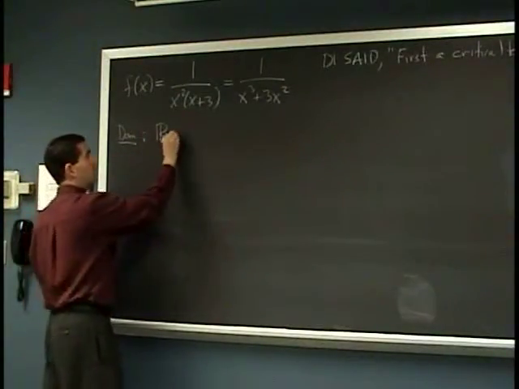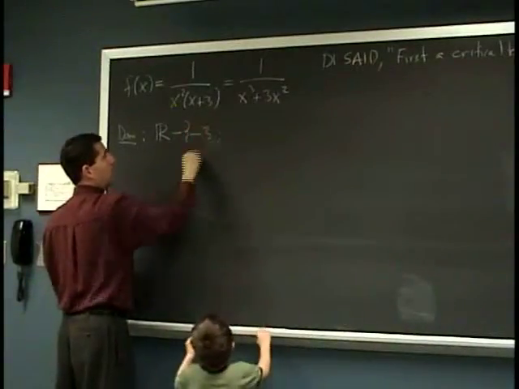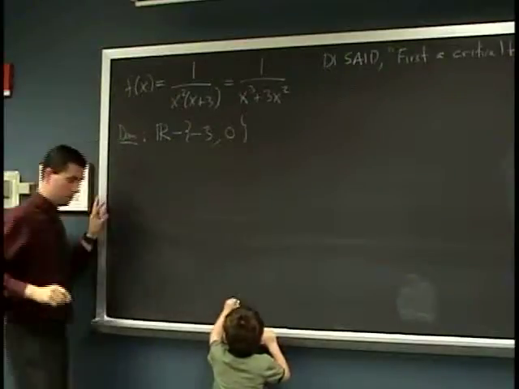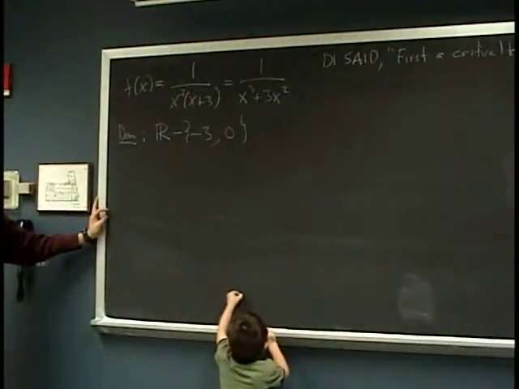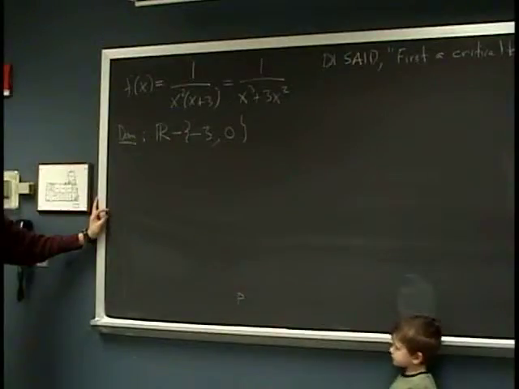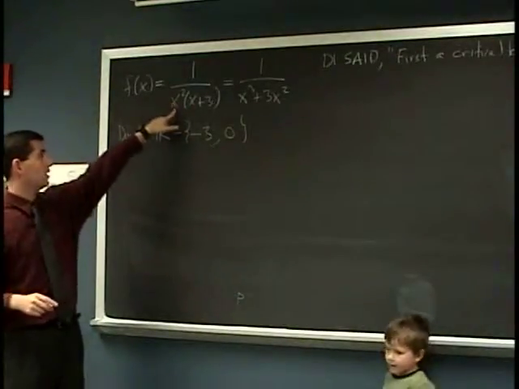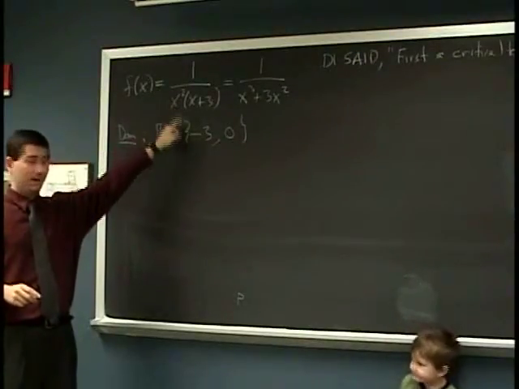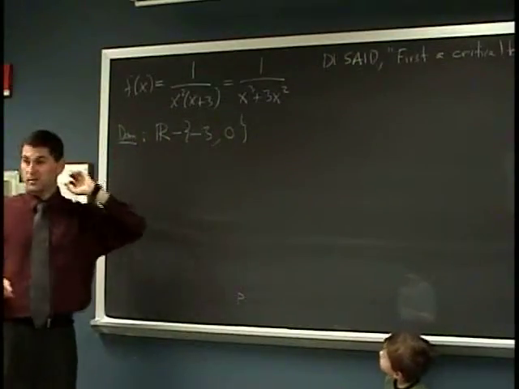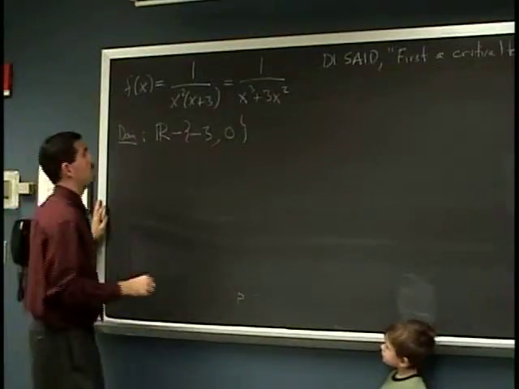So the domain will be all real numbers except, in numerical order, -3 and 0. Very good. Already we're getting zeros in the denominator at 0 and -3, so that's a very good chance that's where our vertical asymptotes are going to be. Keep that in mind.